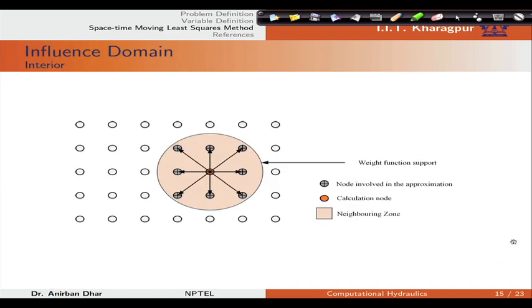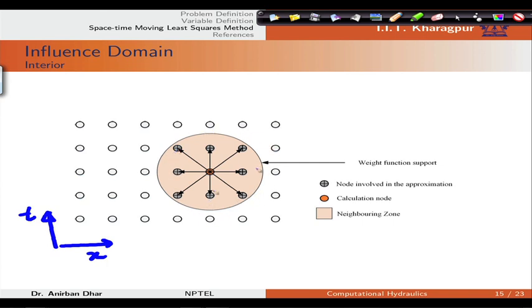So, we need to consider the influence domain. Let us say we have an x t domain where it is one dimensional in space, one dimensional in time. If we consider a particular time level in the x t domain, we can see that to calculate that we are considering multiple points.